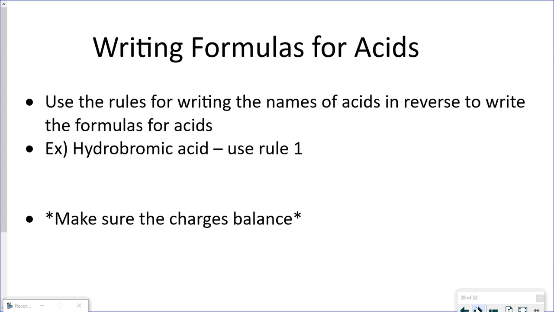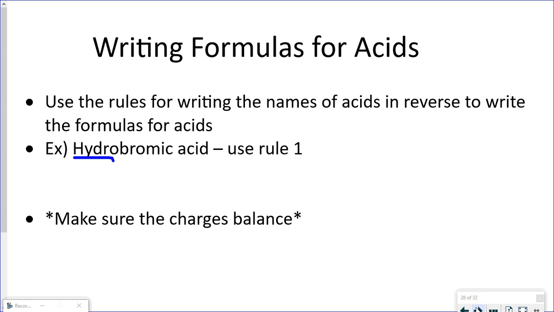Now, writing formulas, you're going to use those same 3 rules to determine what the anion is, but you have to crisscross charges like you would with any other ionic compound. So let's look at hydrobromic acid. This does have the prefix of hydro, so that means this is that first rule.